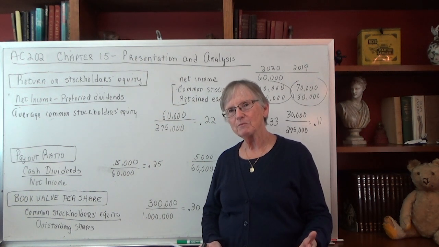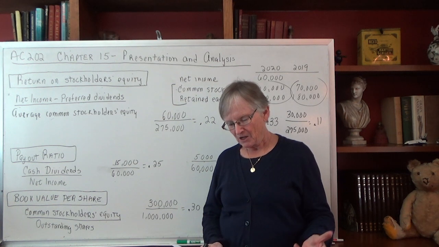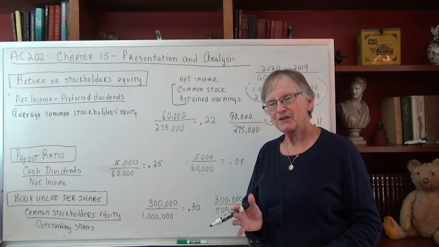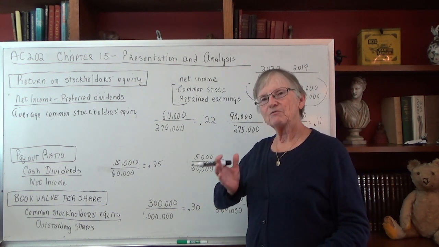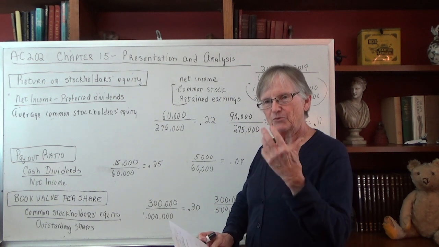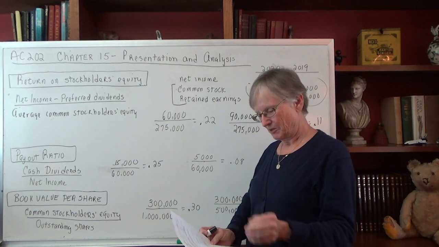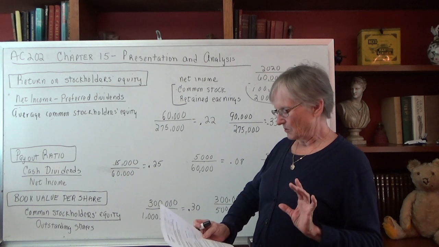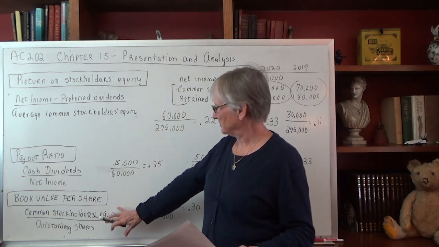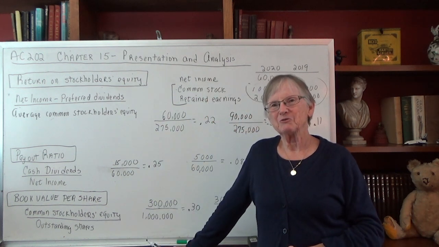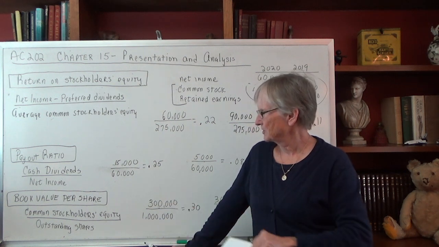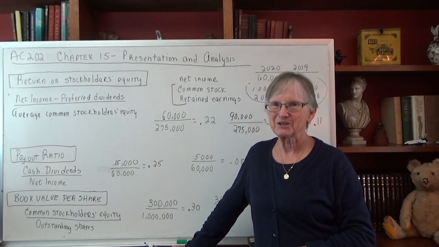And so that will not show up as assets on the balance sheet. So if you have one company that has a lot of internally generated intangible assets, versus a company that purchased all their intangibles, those purchased intangibles will show up on the balance sheet. And so you could not compare the book value. That would influence the book value of both of those companies. So you have to look further than just the results you get from any of these ratios.